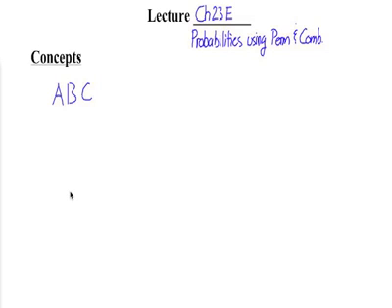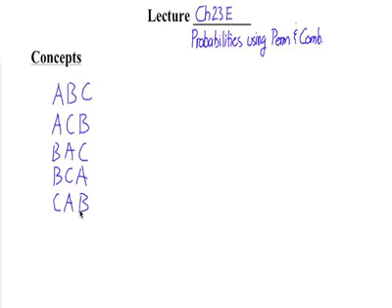Let's write out all the different permutations of ABC. So again, for permutations, order matters. So I can write ABC as ACB, BAC, BCA, CAB, and CBA.